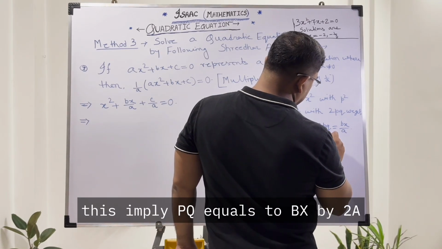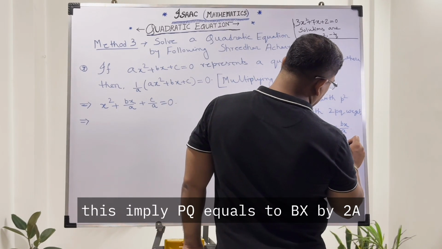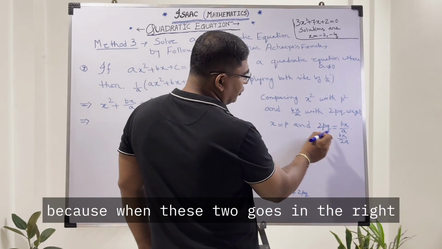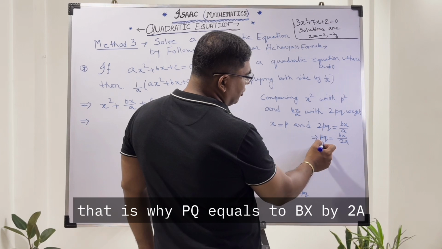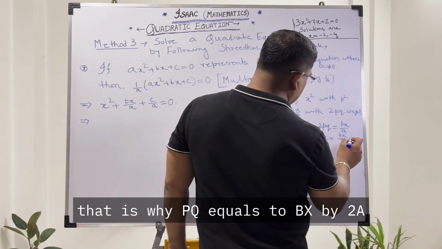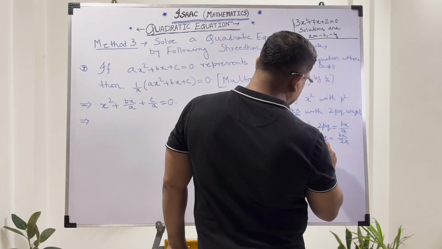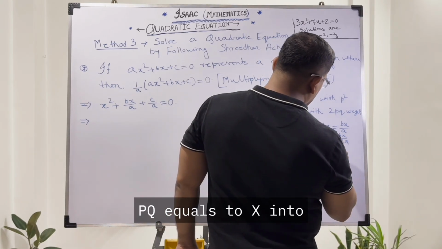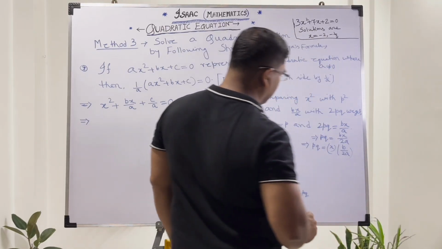This implies pq equals bx/2a, because when this 2 goes to the right hand side, it will be in divide form. That is why pq equals bx/2a. This implies pq equals x into b/2a.